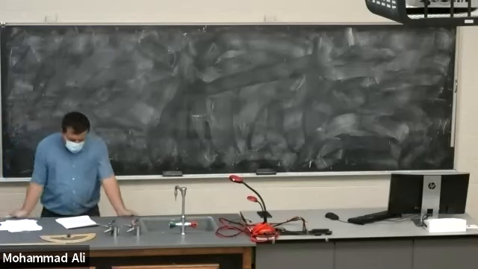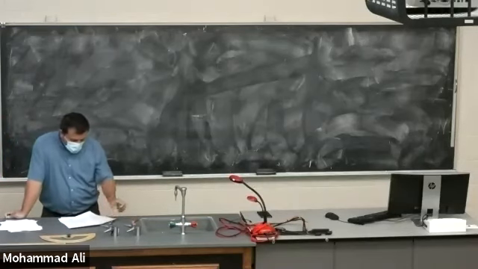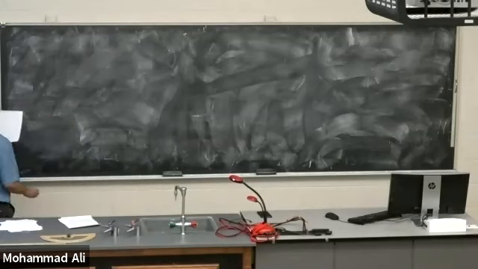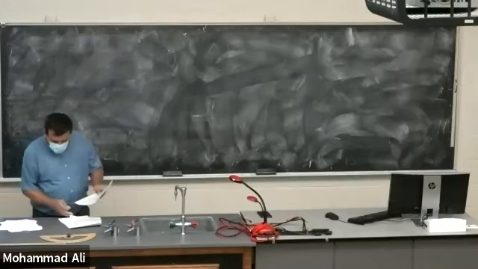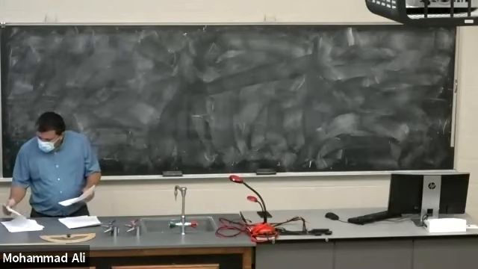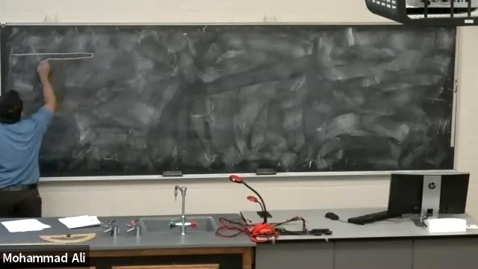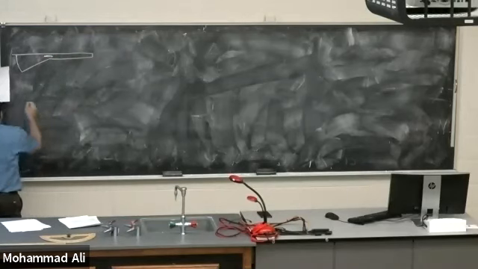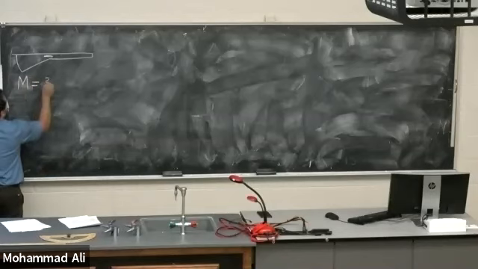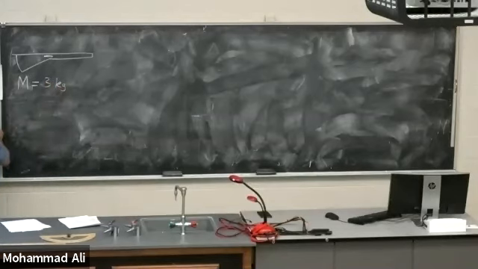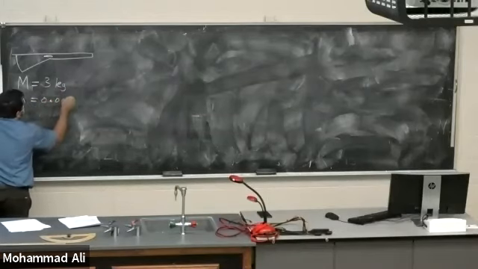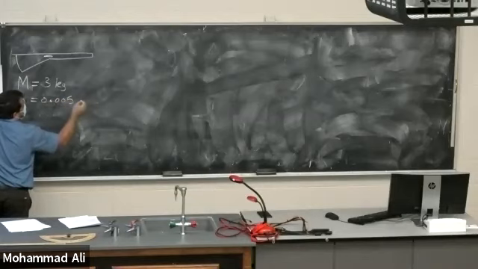Okay, our example now. We have a rifle and bullet system. The mass of the rifle is 3 kilograms, which is capital M. The mass of the bullet is 0.005 kilograms.